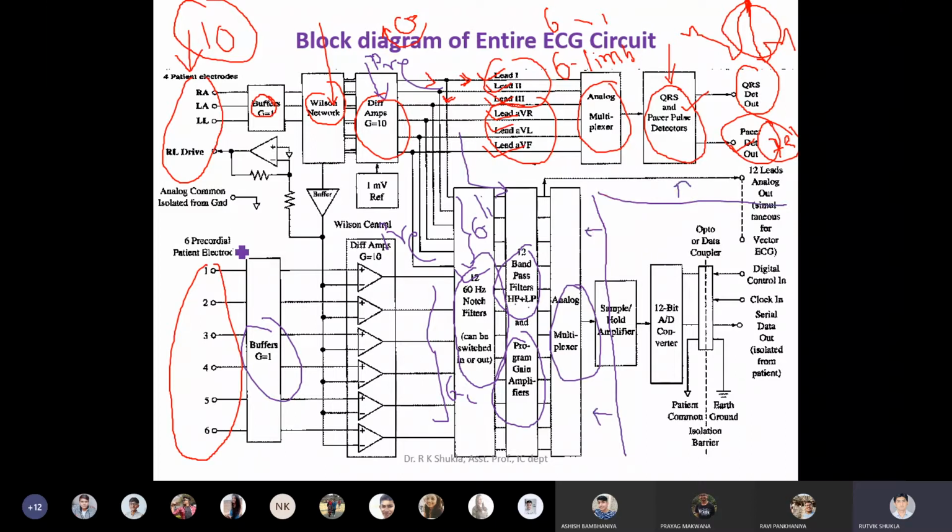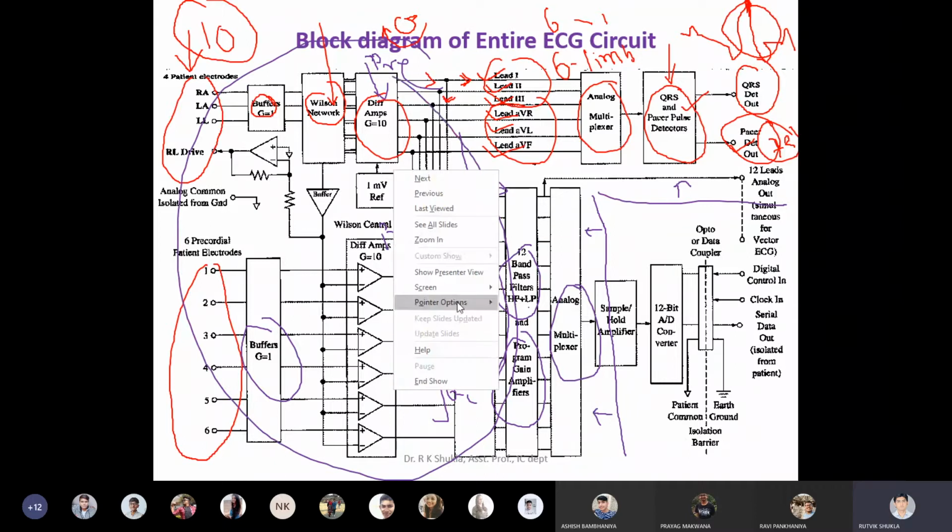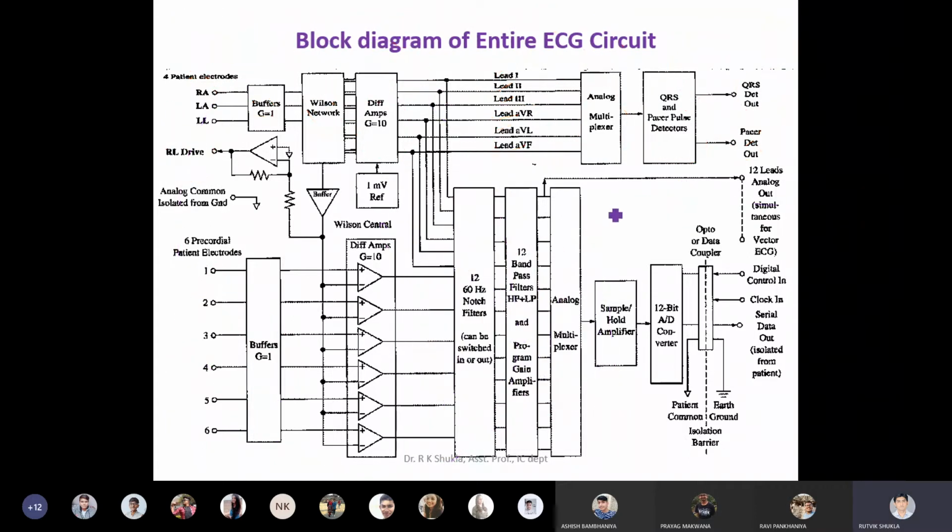The whole circuit is analog. Everything on this side as well as on this side is analog in nature. Now after that, it goes into sample and hold, and then to a 12-bit ADC converter. Clear?